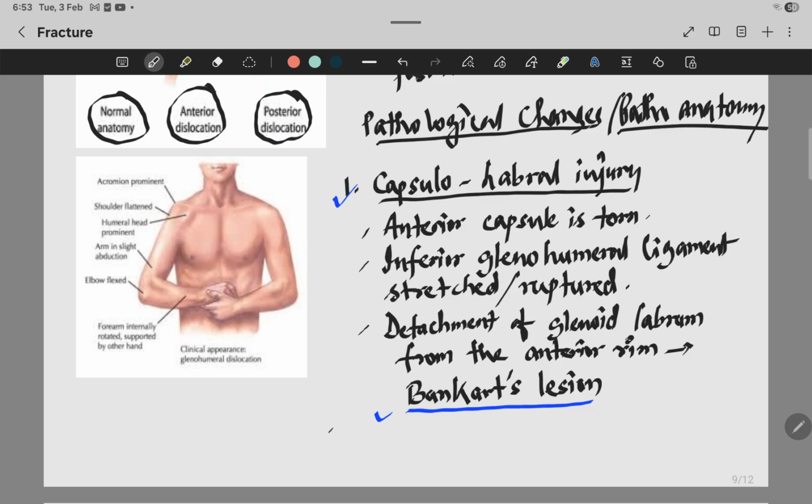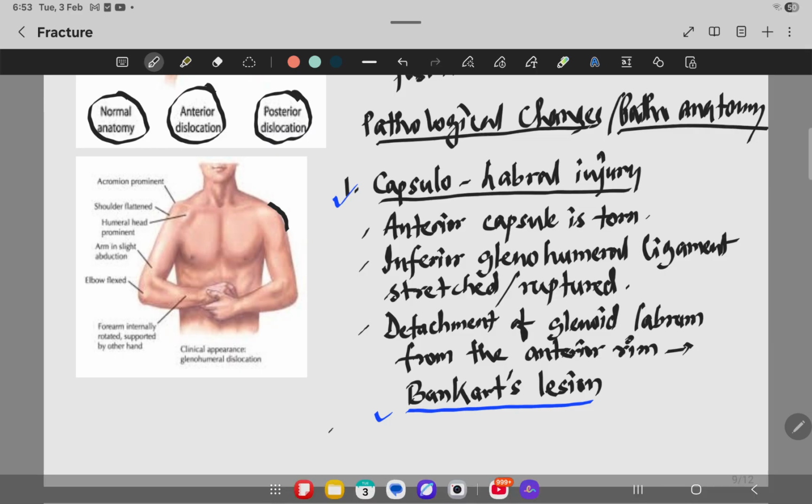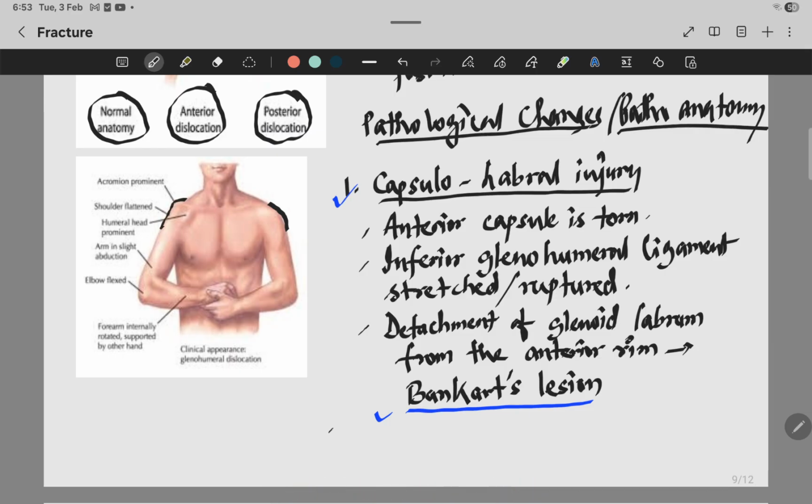See here, the shoulder is rounded, and this one is a squared shoulder. This one is normally a rounded shoulder. Okay, so this shoulder will be flattened.